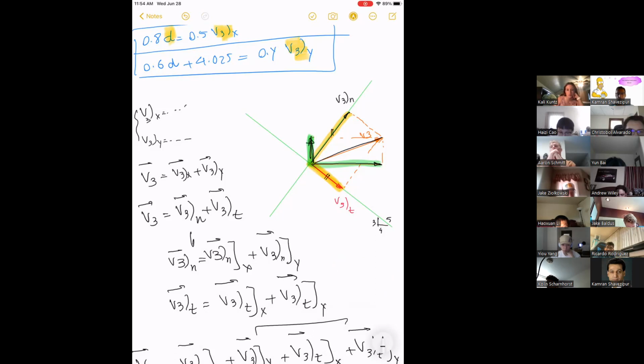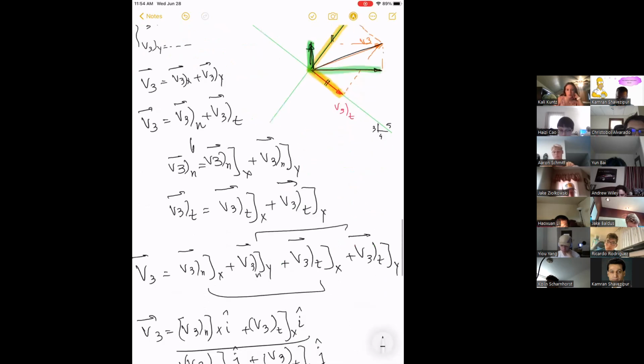I'm going to get their x and y components and then add them together to get x and y component of V3. Does it make sense?